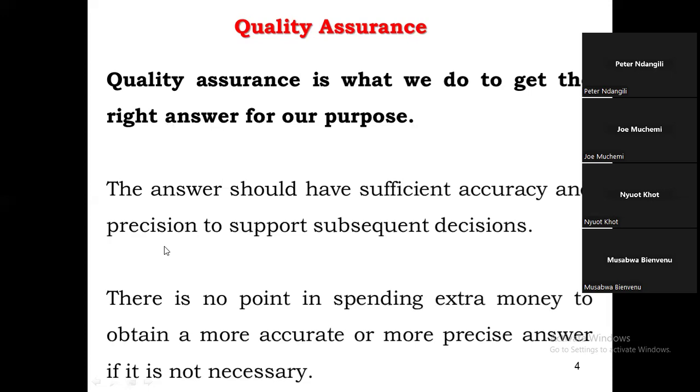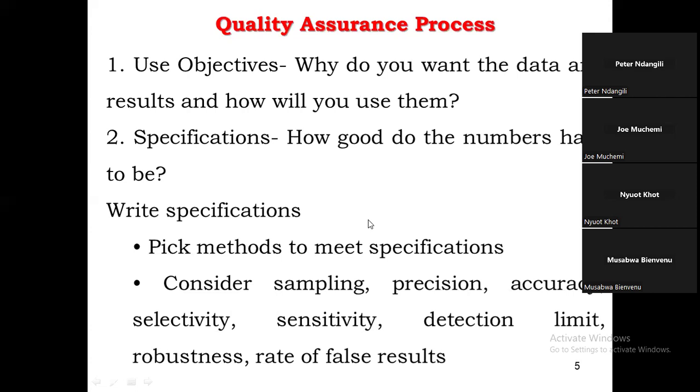If I ask you, is this solution acidic? The answer is yes or no. As to how much acid is present or how acidic that particular solution is, or how basic that particular solution is, that comes with a different analytical procedure, the quantitative aspect. But if it is qualitative, you just need to say, yes, it is acidic, or no, it is not acidic.